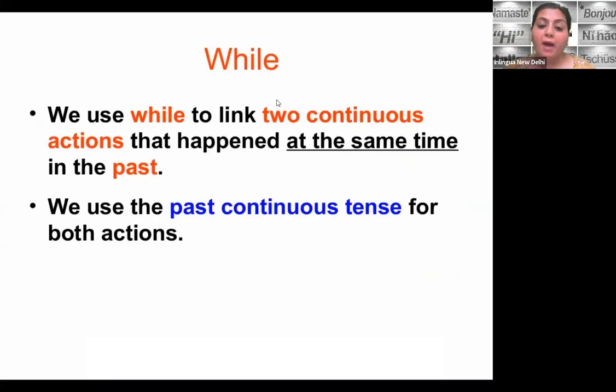We use the past continuous tense for both the actions. Please note, if you want to join two actions in the past which were happening together, you need to use the past continuous tense to describe both these actions.